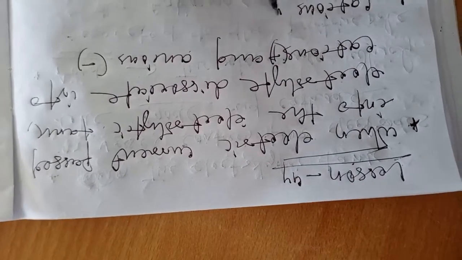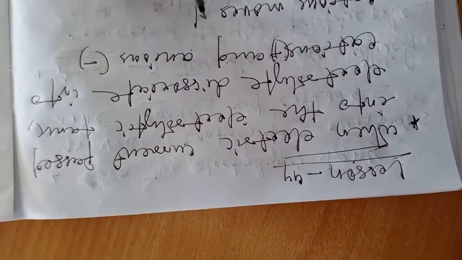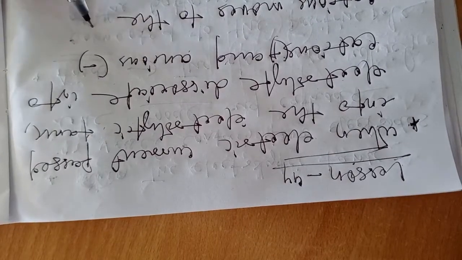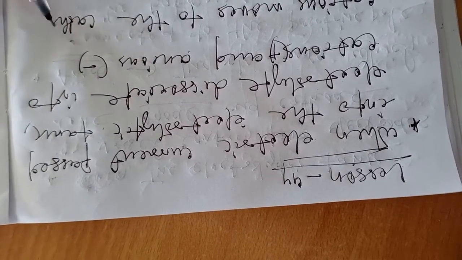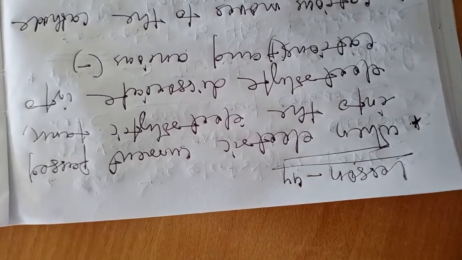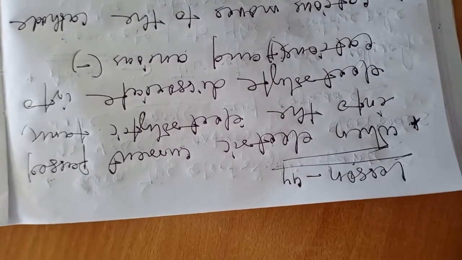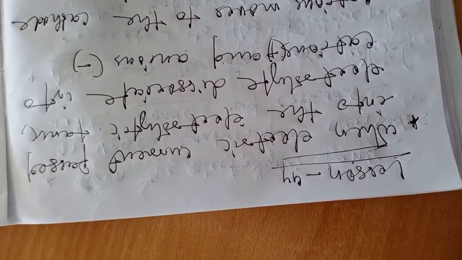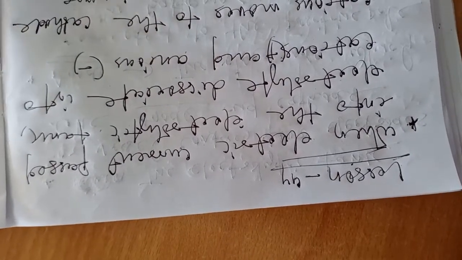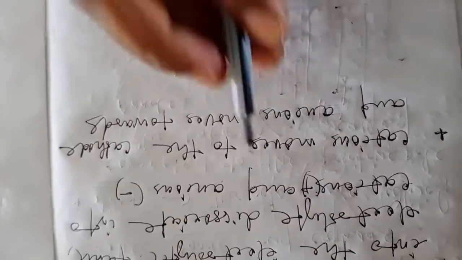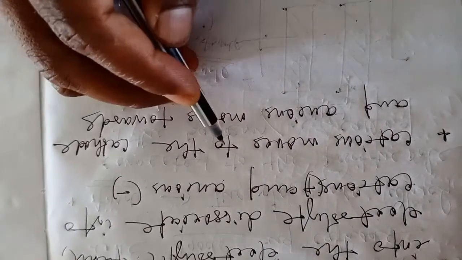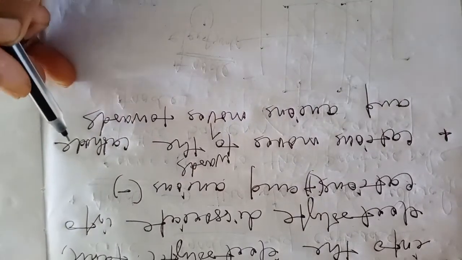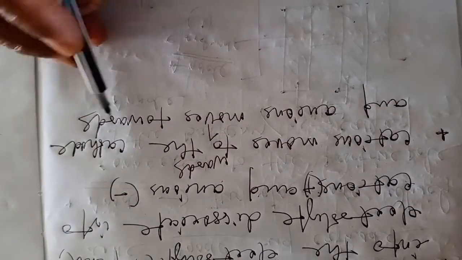Cations move towards the cathode and anions move towards the anode.